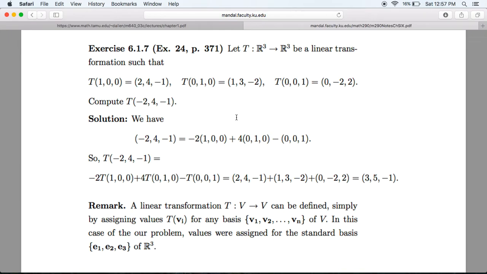And if I know where each of the basis vectors is going, I will know where any other arbitrary vector is going, because I can write any arbitrary vector in terms of those basis vectors, and by linear combinations and pulling out the scalars, I will see where the image of any arbitrary vector is going under the linear transformation.